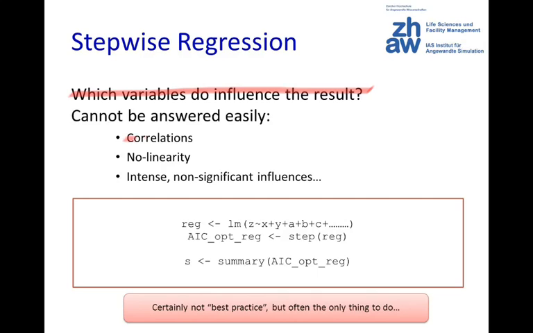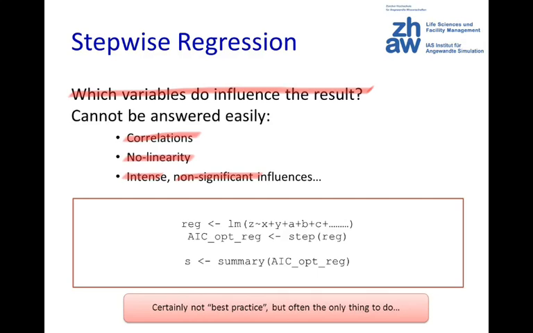As I said, correlation is an issue, but you may also have nonlinearity in some of the variables, maybe not all. And you may have very strong influences in one variable, which are however not significant due to extremely high variances.